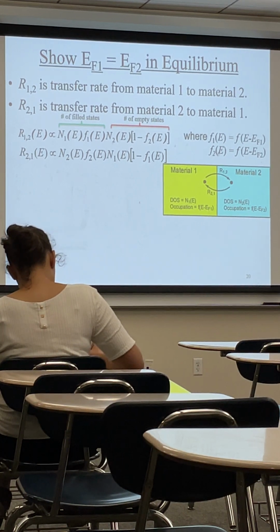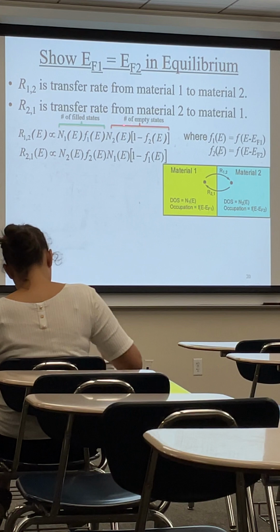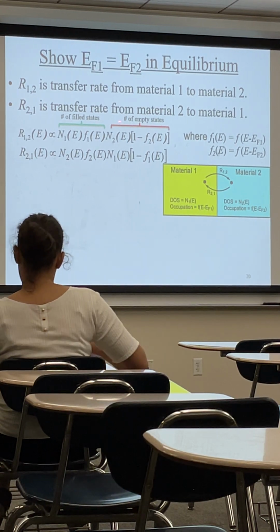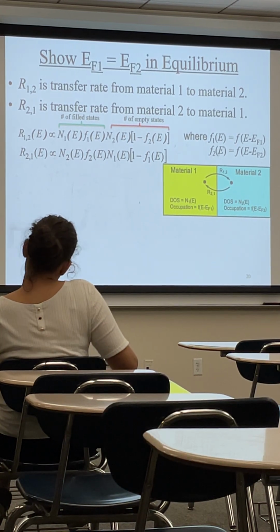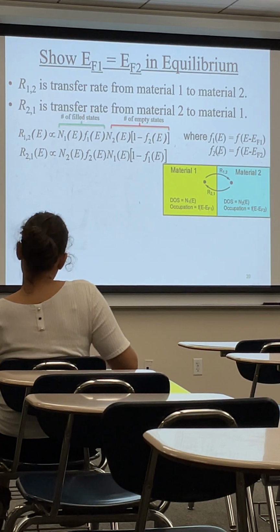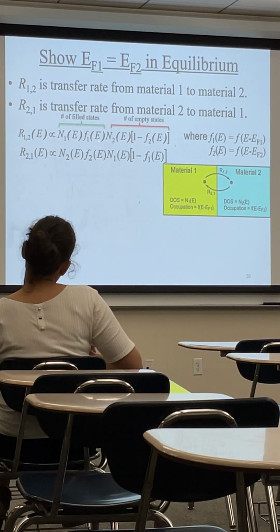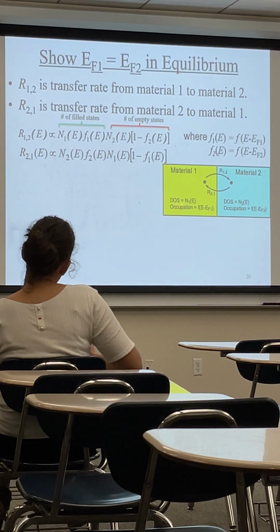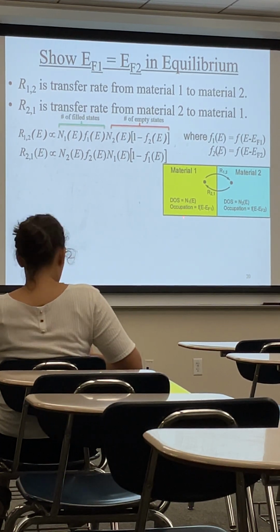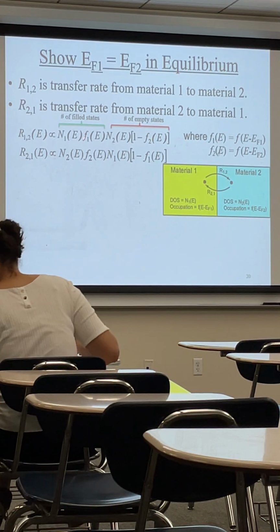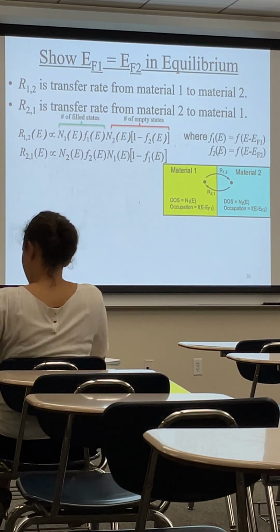there must be some empty states which can hold these electrons. So this transfer rate is related to the number of filled states in material 1 and the number of empty states in material 2. The number of filled states is related to the density of states. The density of states here we call N1, and the occupation is F1.